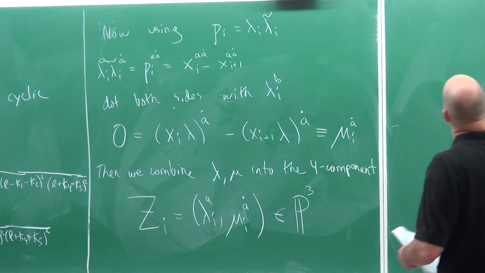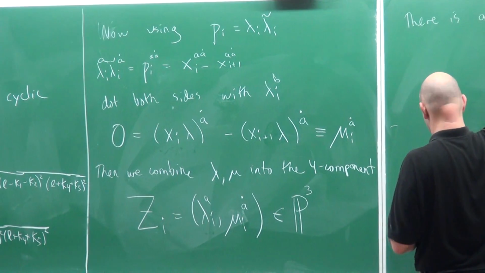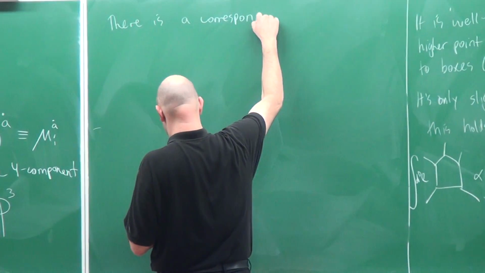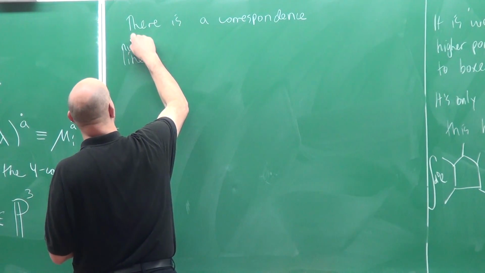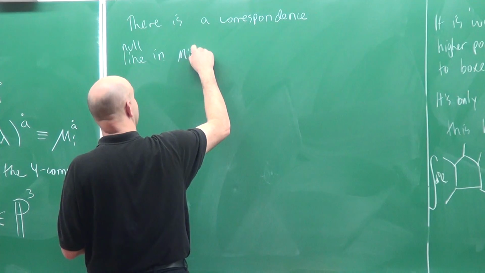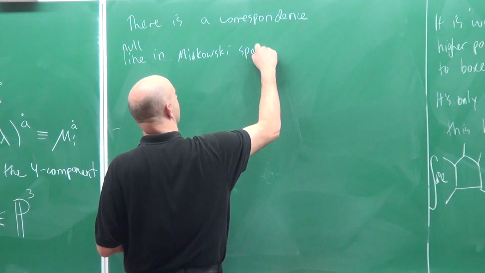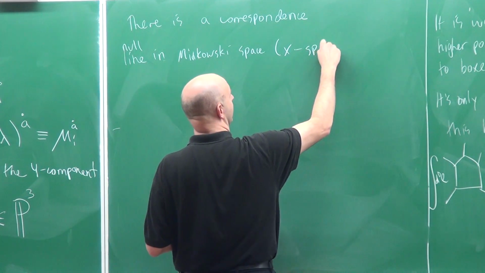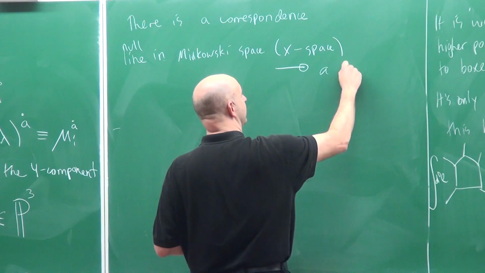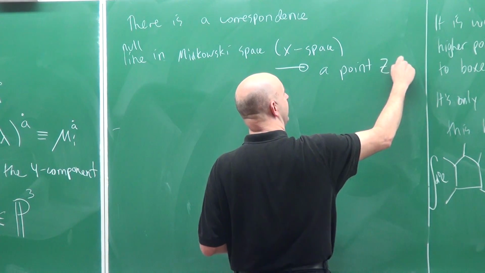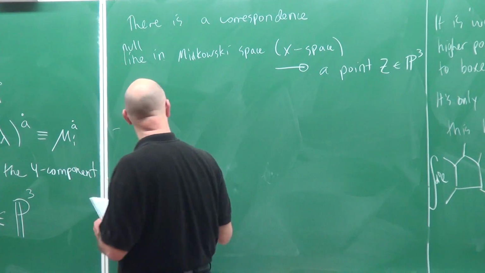Okay. So the idea behind momentum twistors is that there is a correspondence where a line, a null line in Minkowski space, or x space, corresponds to a point Z in P3. That's what we've seen here.